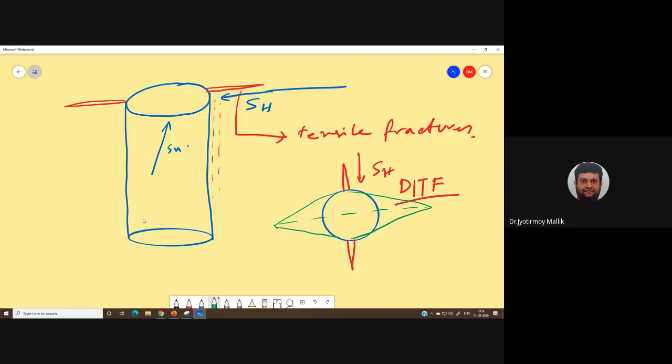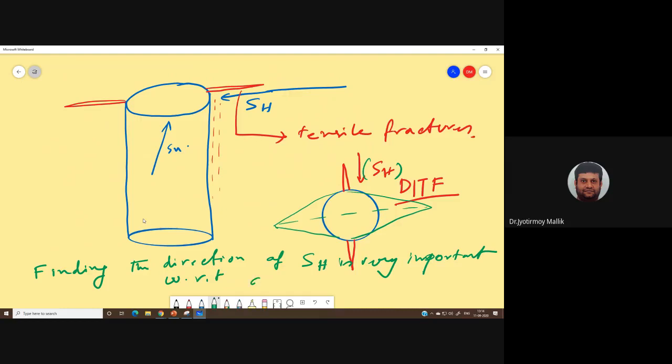Now, for the timing, I don't want to get into further details, but remember, finding the direction of S capital H is very important, especially with respect to drilling a horizontal well.